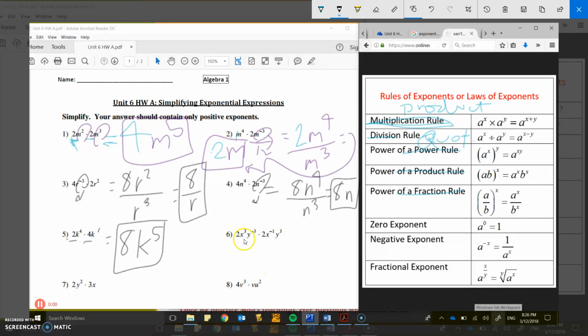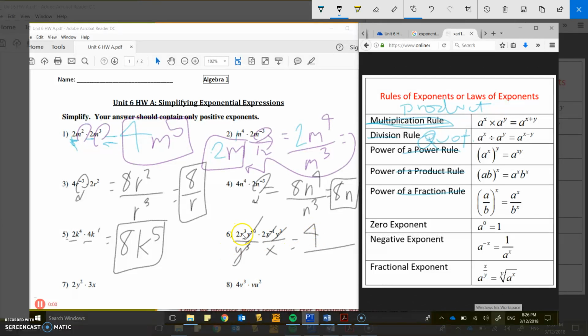Alright, this one, I'm going to cross that out and write it as y cubed. Cross that out, write it as x. So now you have 2 times 2, which is 4 on the top. Oh, look at this. You've got a y cubed divided by a y cubed. Well, anything divided by itself is 1, and you don't need to write 4 times 1, because 4 times 1 is just 4.